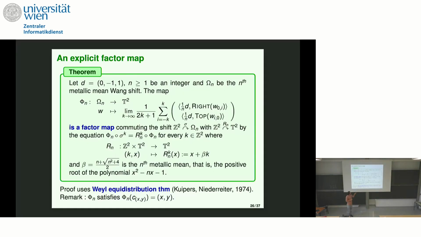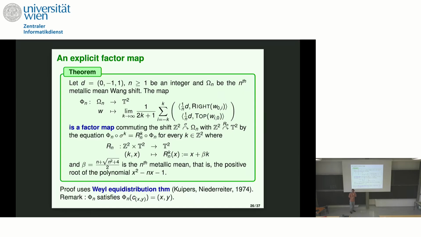You do scalar product with D. It gives a value up to n plus 1, but n plus 1 you don't see it always. It's a value between 0 and n. You divide by n, it's a value between 0 and 1. The average is well defined because it's well distributed, it's balanced.